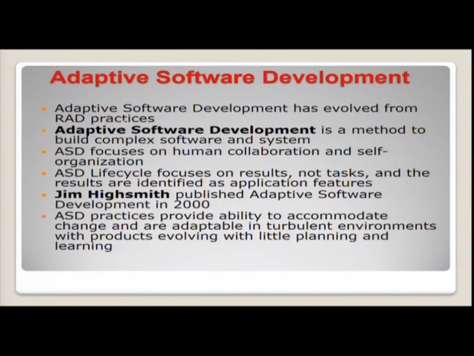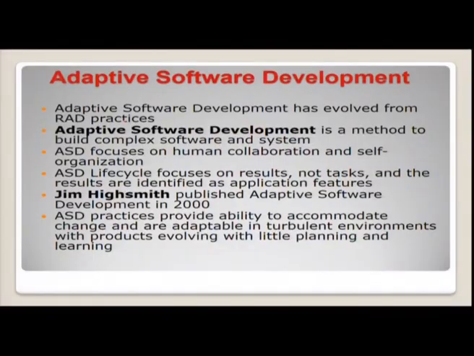Then let us go to the second methodology, called the adaptive software development methodology. Adaptive software development has evolved from the traditional life cycle model. You would have seen a model called the rapid application development model, in short the RAD model.